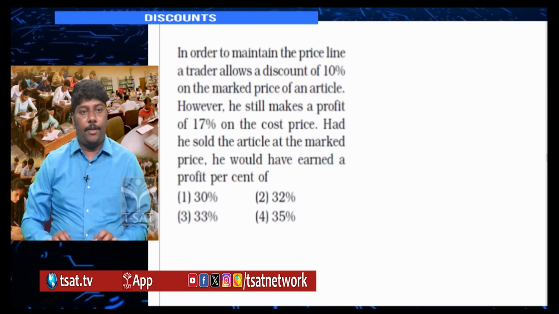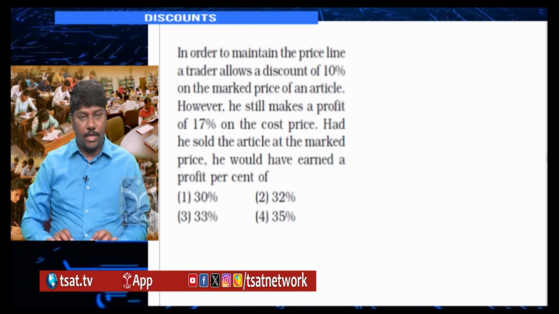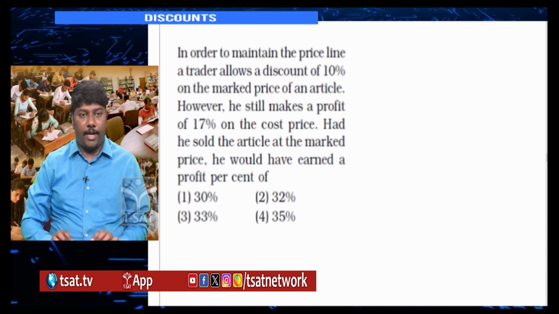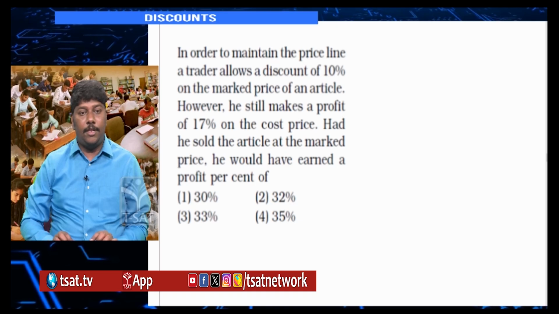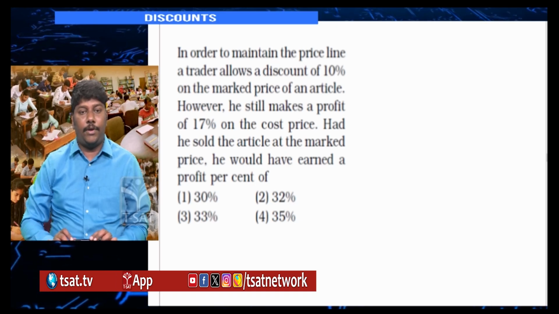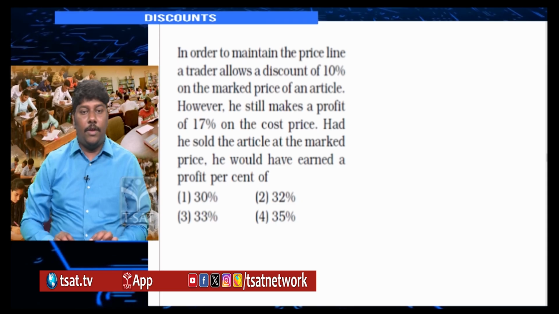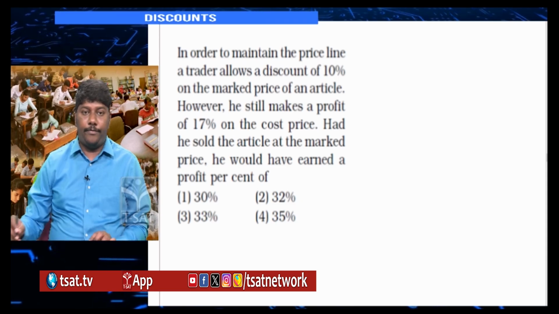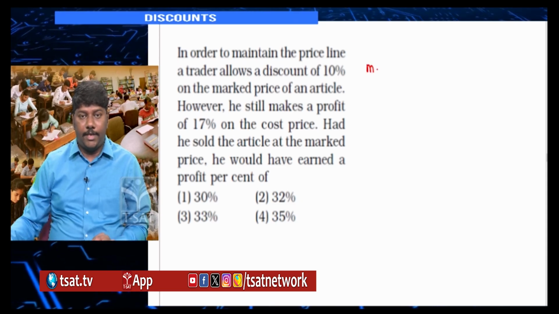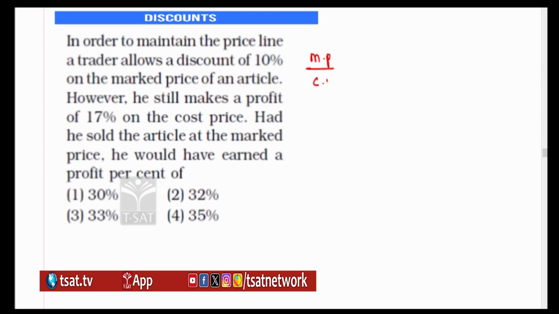In order to maintain the price line, a trader allows a discount of 10% on the marked price of an article. However, he still makes a profit of 17% on the cost price. Had he sold the article at the marked price, he would have earned a profit percent of? First, try to find out what is MP by CP. 17% means 117, discount gives 90.